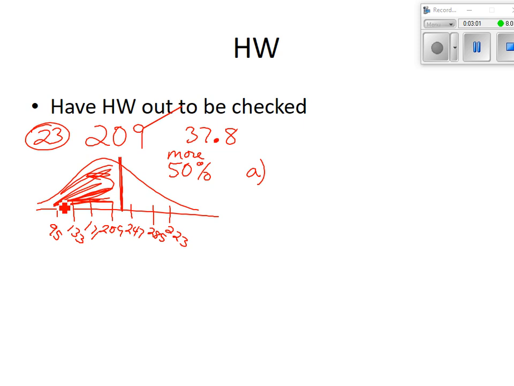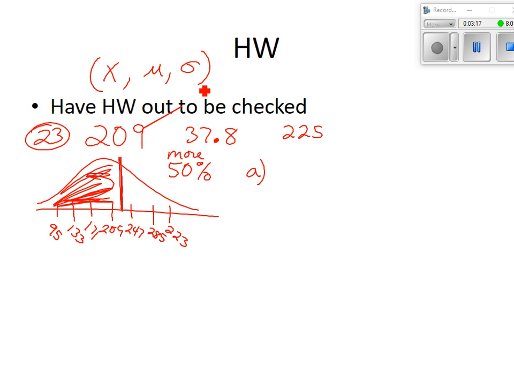So we want the 225 first, right? Yeah, 225, so it goes your x score, your mean, then your standard deviation. Try it and see.